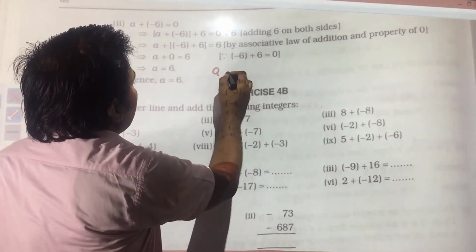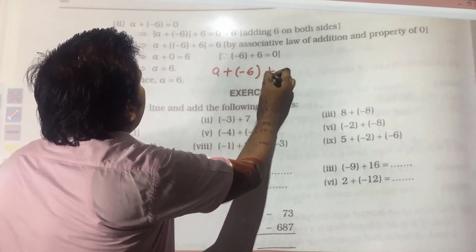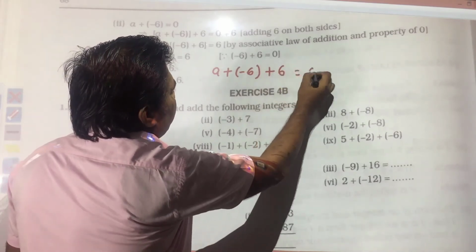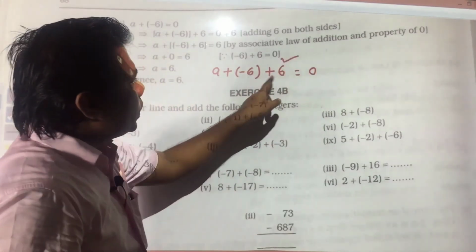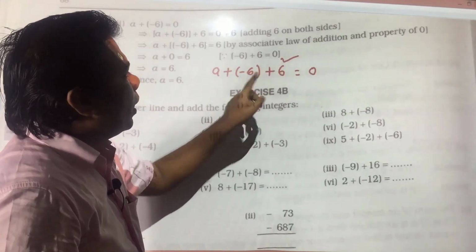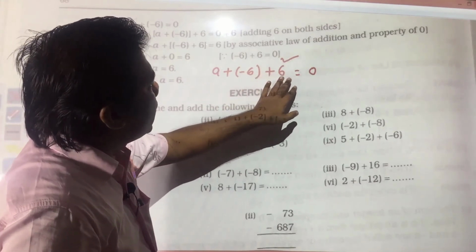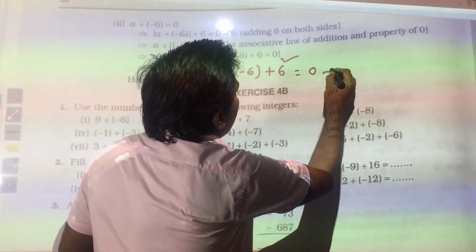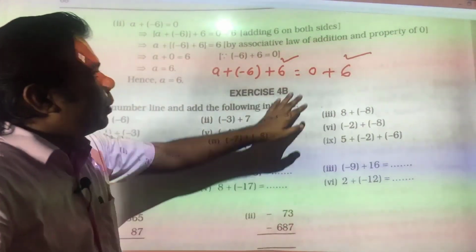A plus minus 6 plus 6, if we do, then we will get 0. It means 6 we have added, so that a plus minus 6 plus 6 is equal to 0, if you need to get. So here also we need to add 6. Both sides 6 has been added.